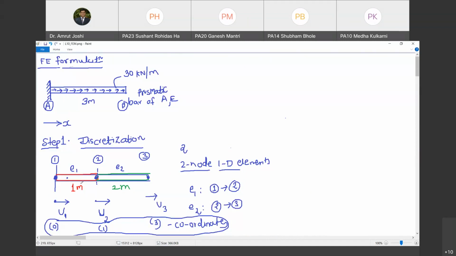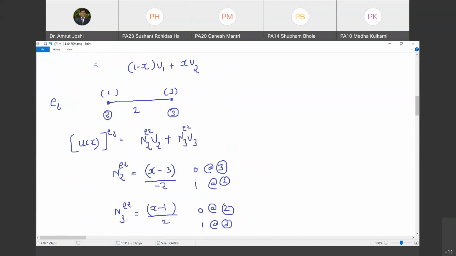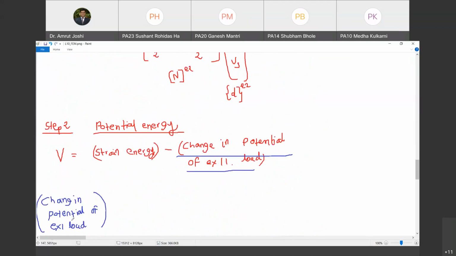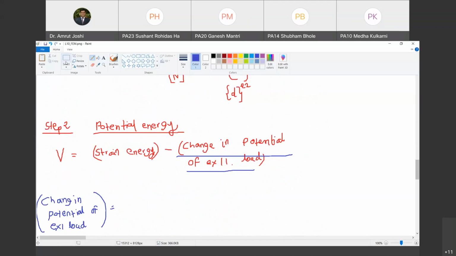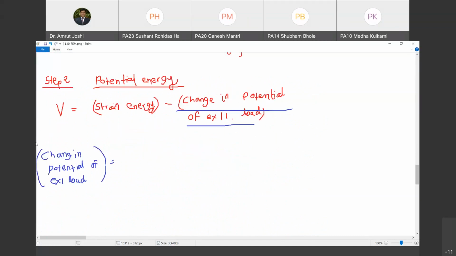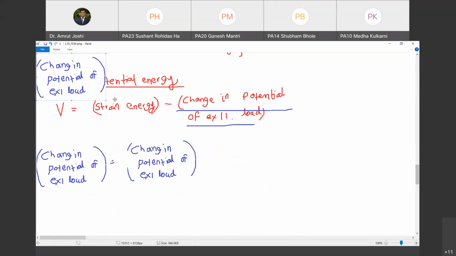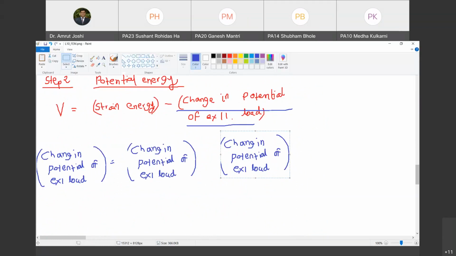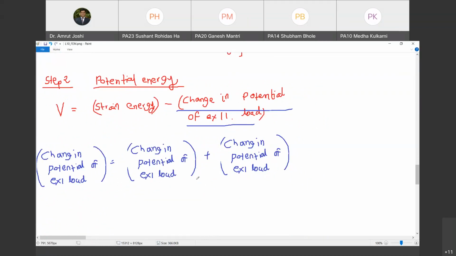That's why it is there on element number 1, and it is also there on element number 2. So can I write down change in potential of external load as change in potential of external load on element number 1 plus change in potential of external load on element number 2? It is the summation of the change in potential of external loads on element number 1 and element number 2. Do you agree with me? Type your response in the chat box. I am waiting for the response.